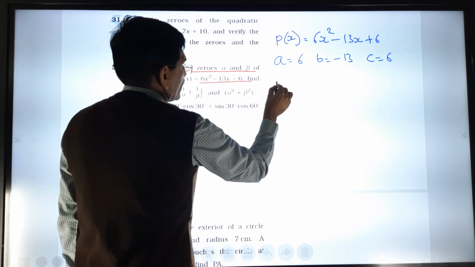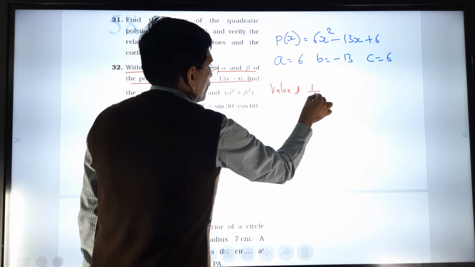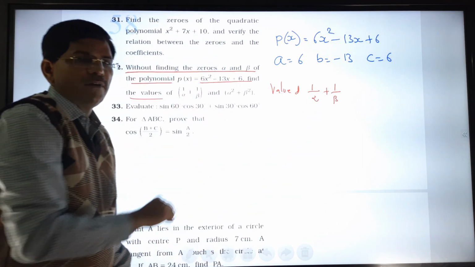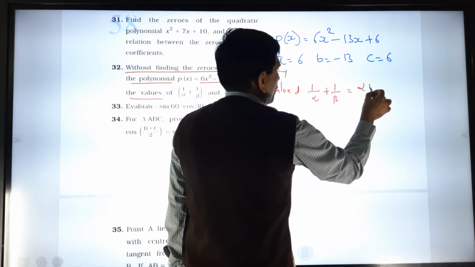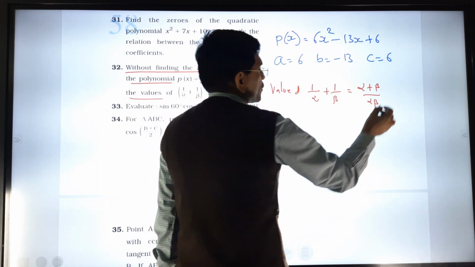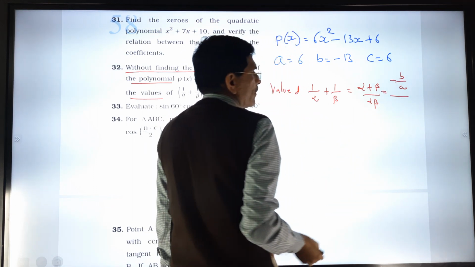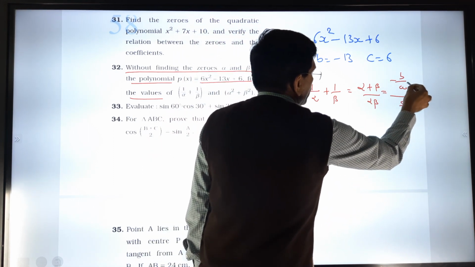Which value do I have to find out? The value of 1 upon alpha plus 1 upon beta. If I simplify this, you will see alpha plus beta upon alpha into beta. We know the formulas: alpha plus beta is minus b by a, alpha into beta is c by a. The a will be cancelled.